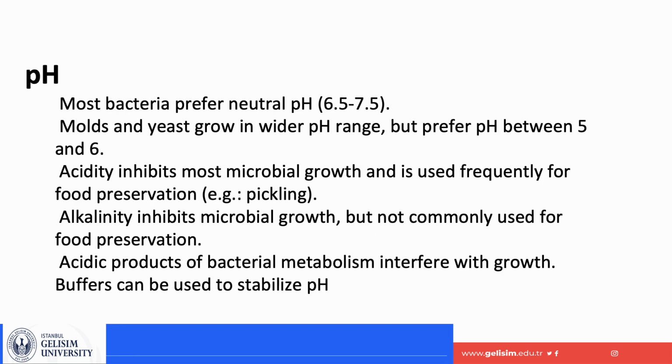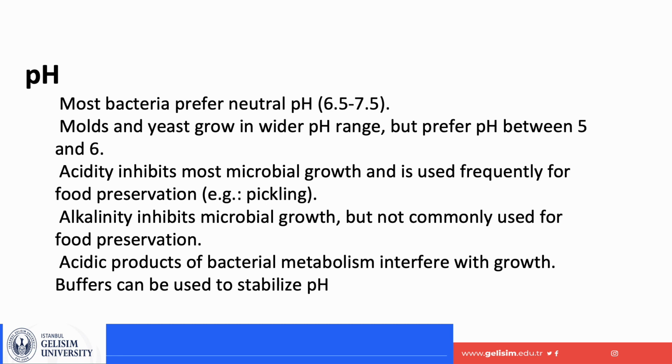Now, most bacteria prefer a neutral pH range, typically between 6.5 to 7.5. Molds and yeast can tolerate a much wider pH range, but they prefer a slightly acidic environment. The optimal pH range for them would be between 5 and 6.